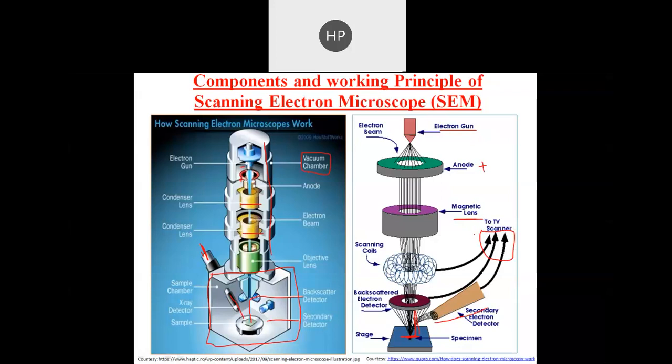Okay, so here we have 2, 3, 4 different types of detectors available, and whatever the detectors detect, all of this will be combined, and from that combination an image is generated.